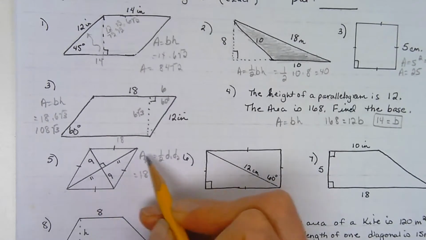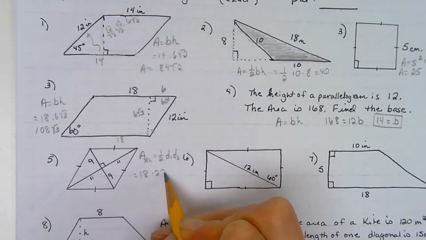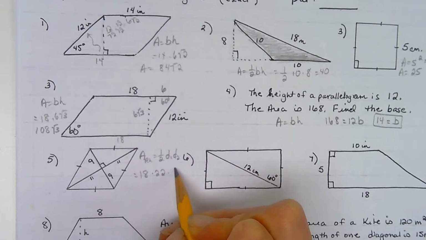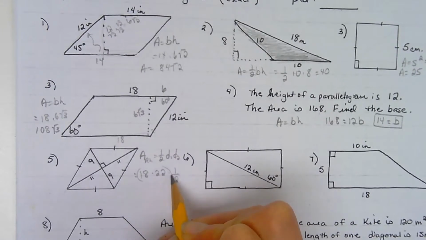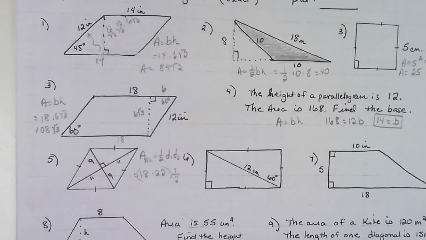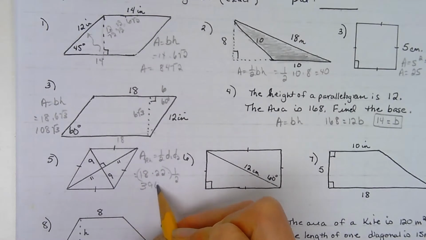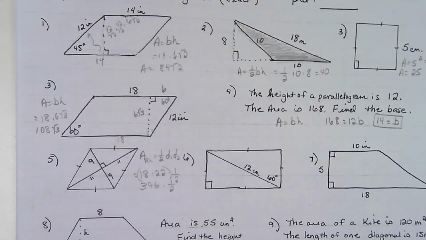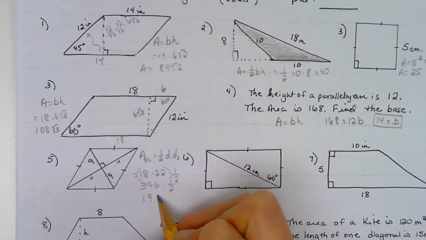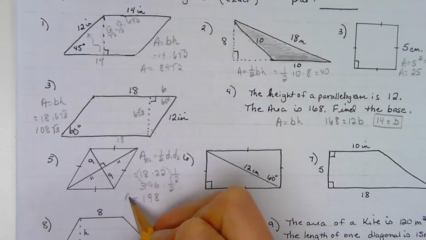Diagonal 2 is 11 plus 11, which is 22. And we're going to multiply that all by 1/2. So 18 times 22 is 396, times 1/2 is 198. So the area of this rhombus is 198.